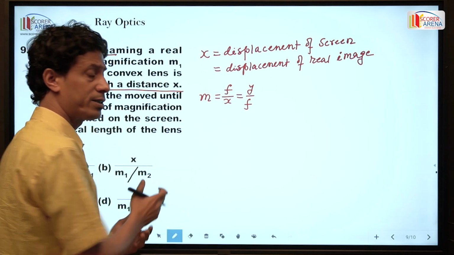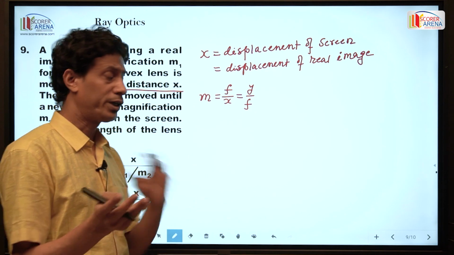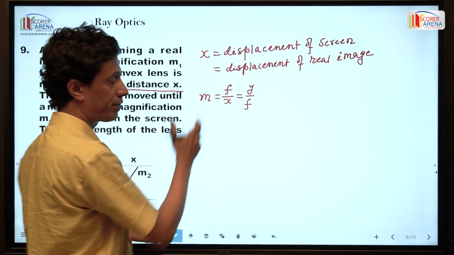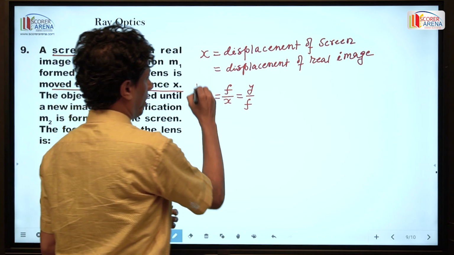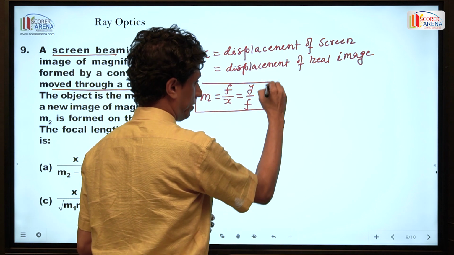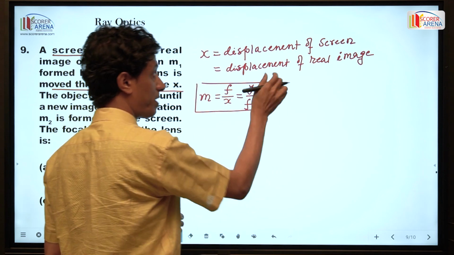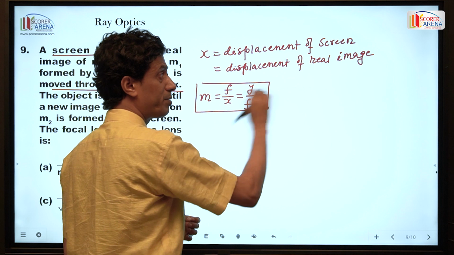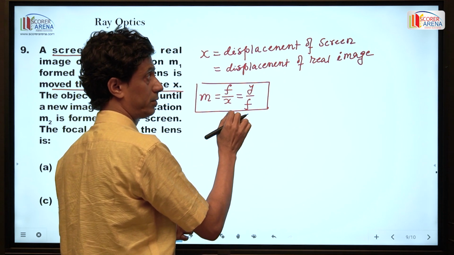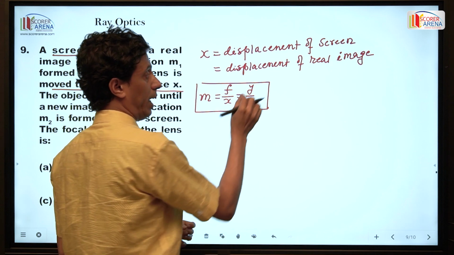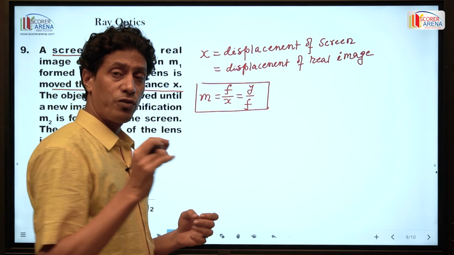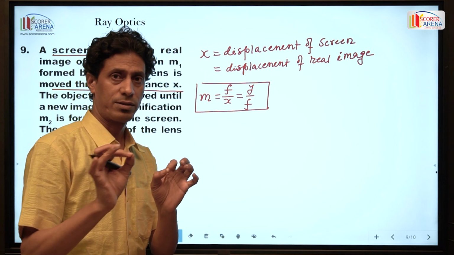You can apply this equation without putting any sign convention, so this is a sign-free equation. Since the displacement of the real image is given in the form of displacement of the screen, and y here is the distance of the image from the focus.